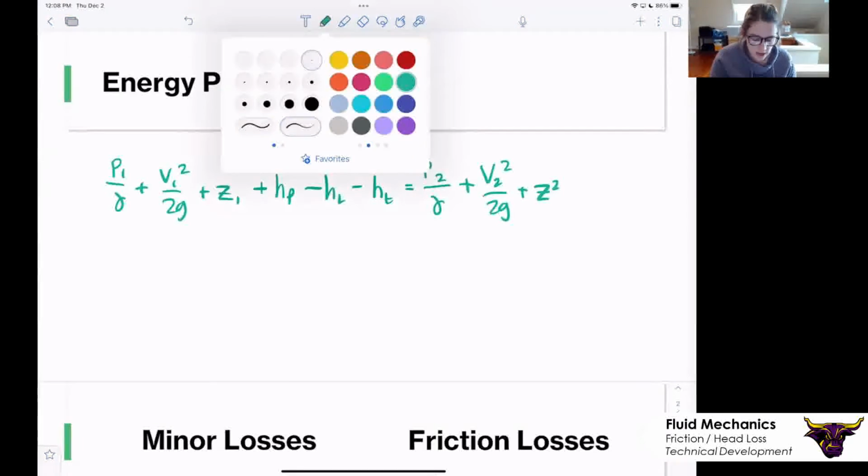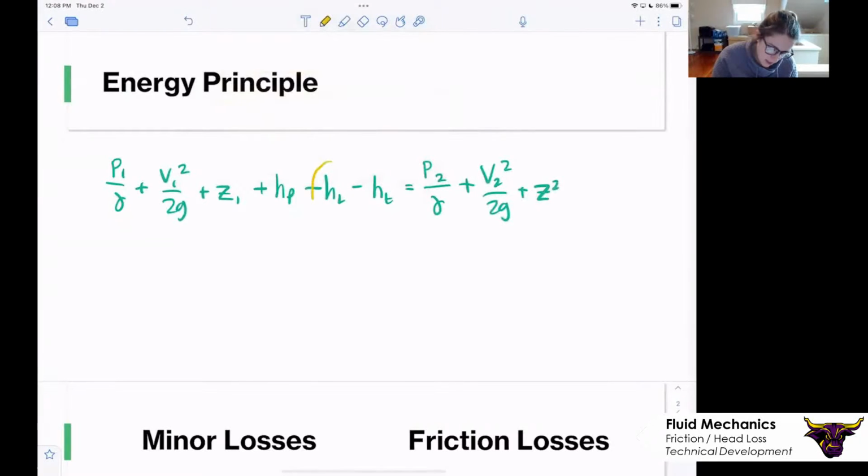So what we're going to look at today is this middle head loss. So we've talked about head. Maybe you haven't quite grasped what head is yet. It's a hard thing to visualize, but we're going to look at head loss today. Head is just a way to measure pressure or energy in a system.